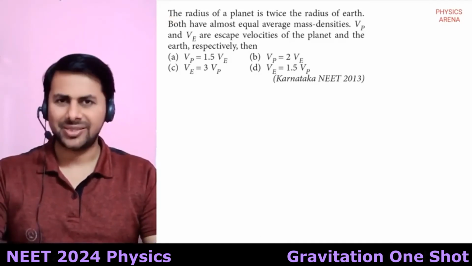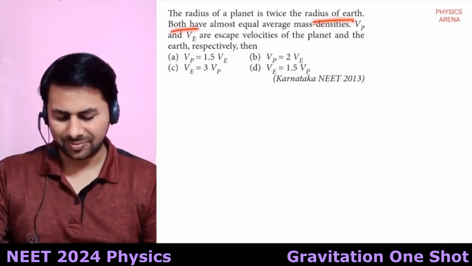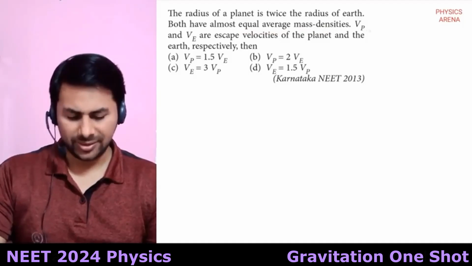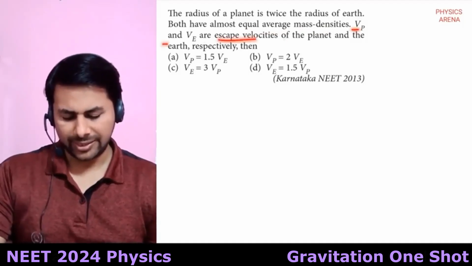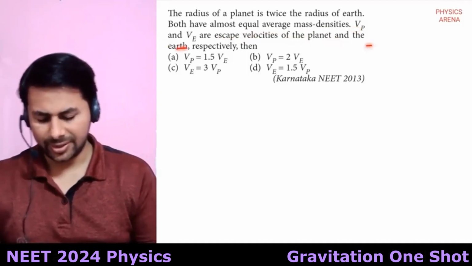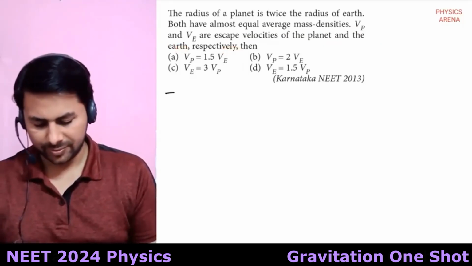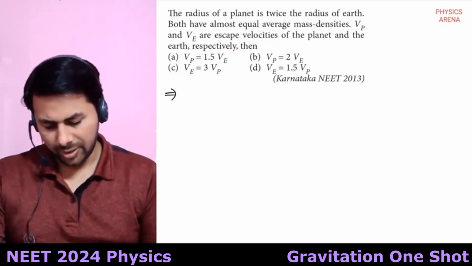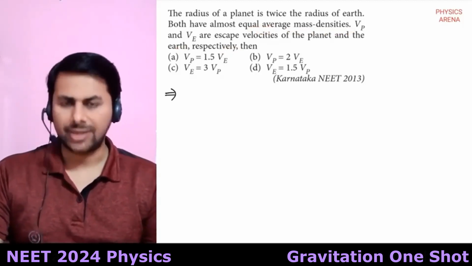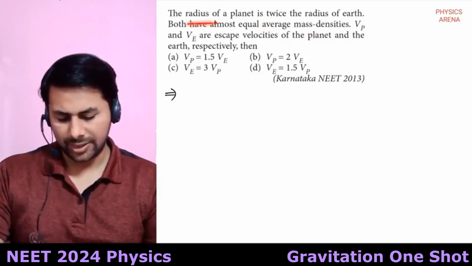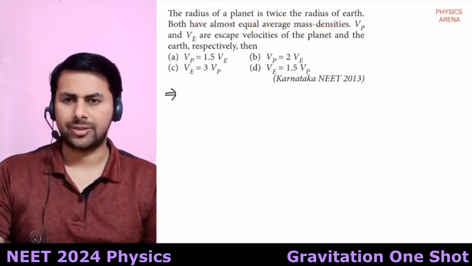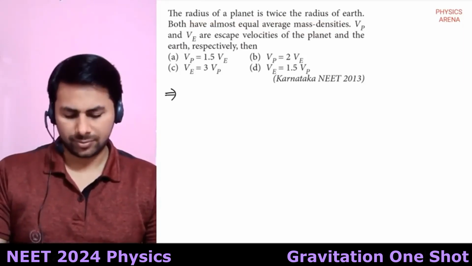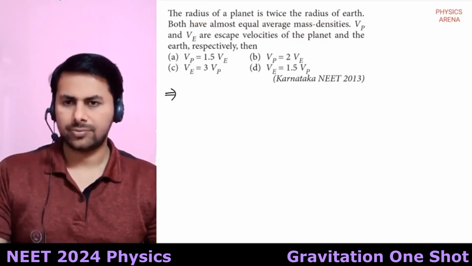The radius of a planet is twice the radius of Earth. Both have almost equal average mass densities. Vp and Ve are the escape velocities of the planet and Earth respectively. So both of them have almost equal average mass densities, this is given, and the radius of the planet is twice the radius of Earth.